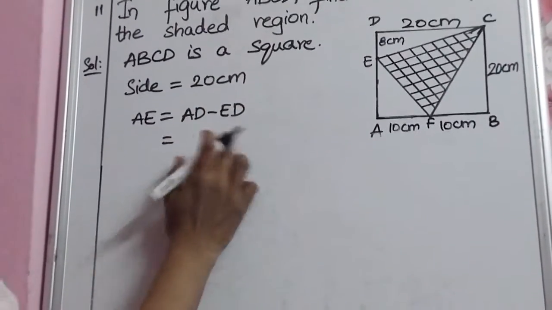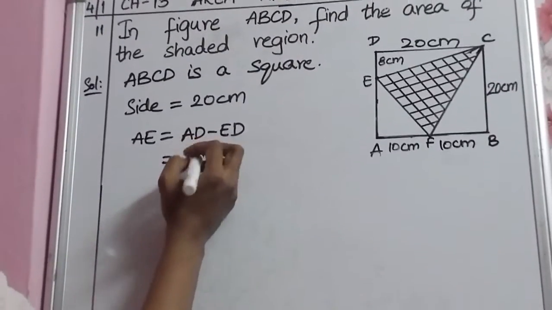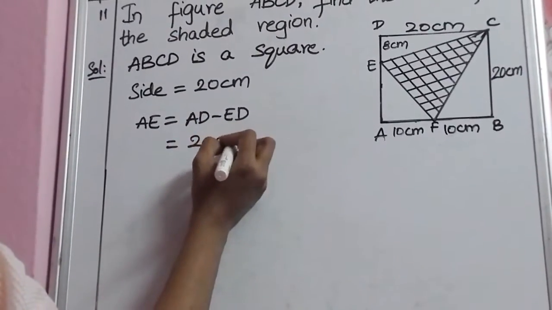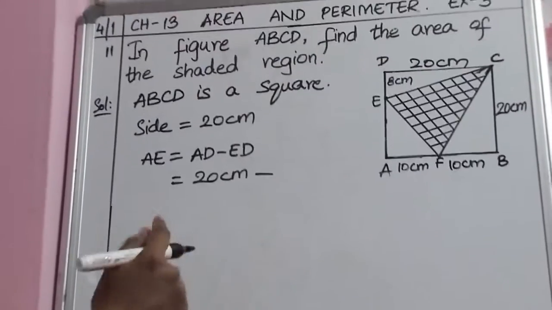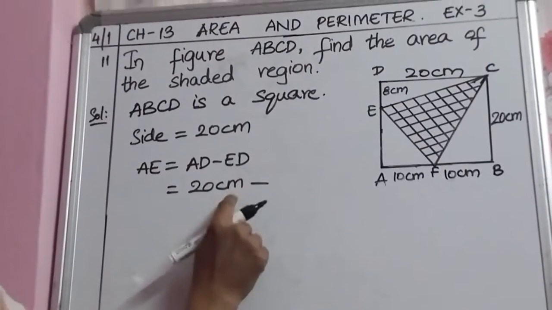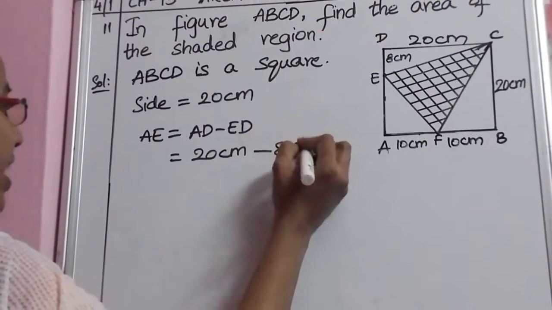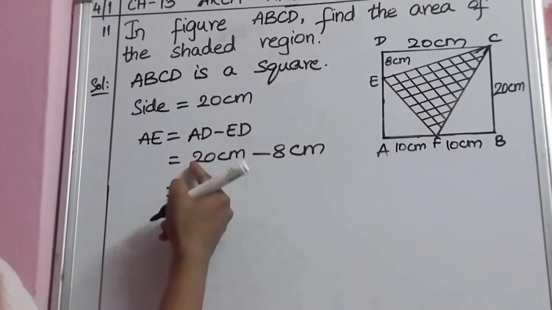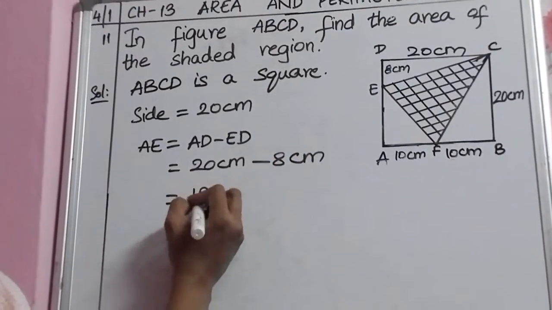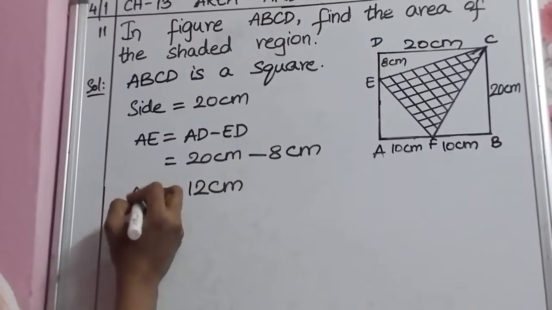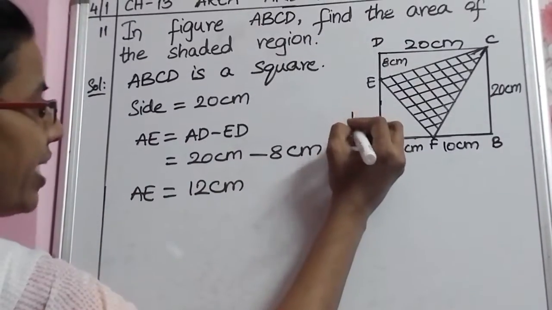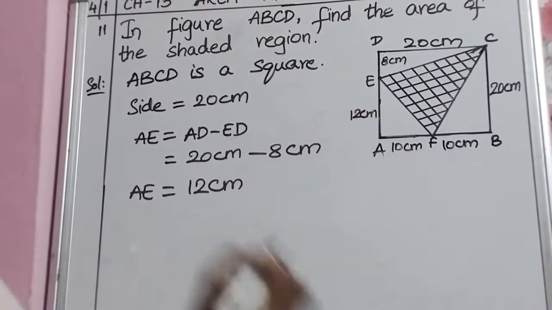AD is 20 centimeters. This you know, as opposite sides are equal. 20 centimeters minus 8 centimeters. 20 minus 8 is 12. So AE, you got it as 12 centimeters.